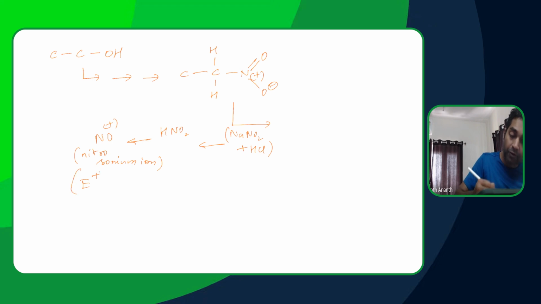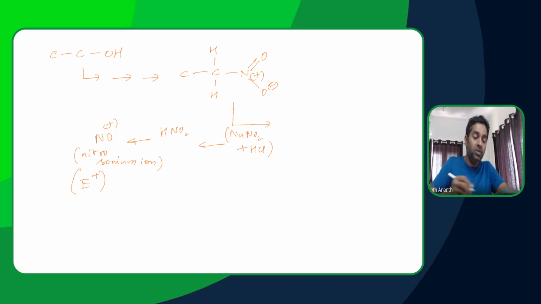So this electrophile will go and displace some other electrophile, right? Electrophilic substitution. What substitution can it do? In this molecule, which one can be substituted by an electrophile? Hydrogen. This is the one which can do electrophilic substitution.